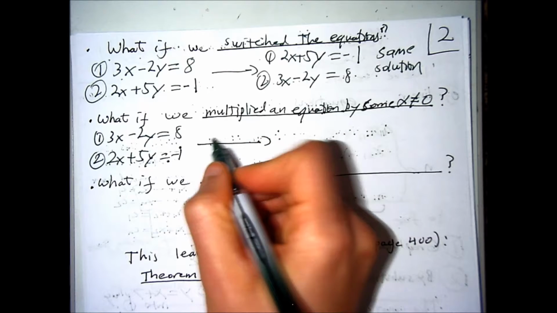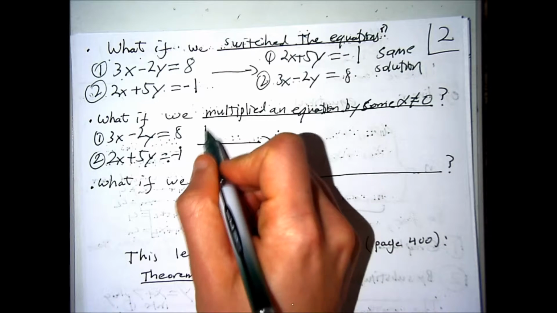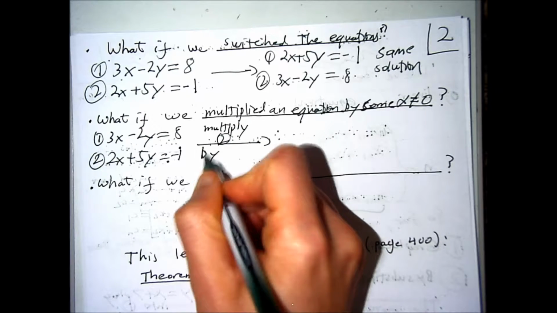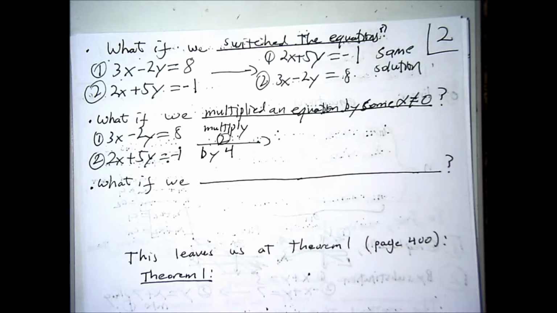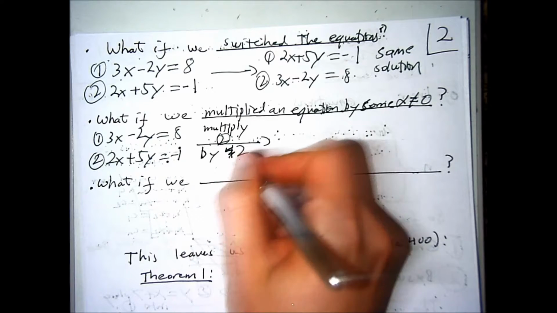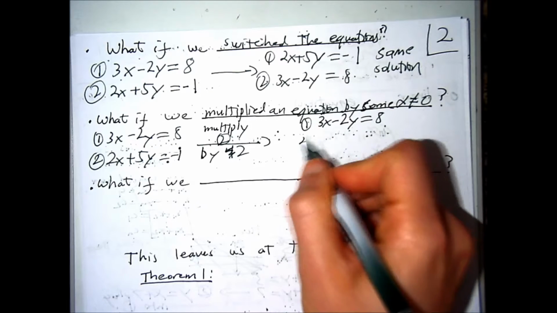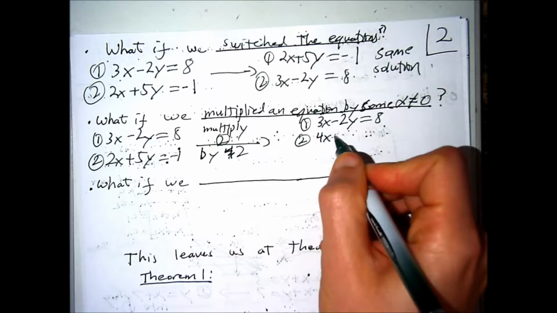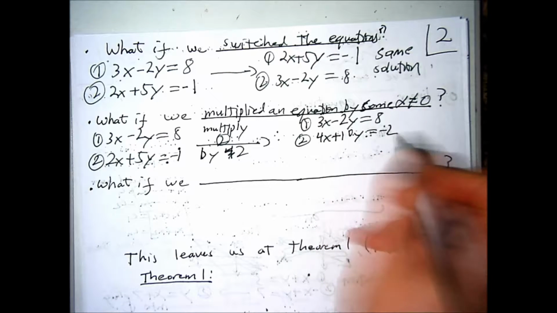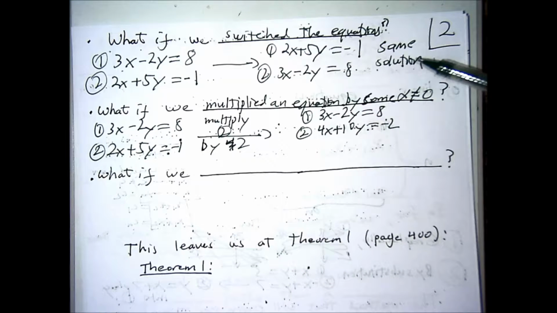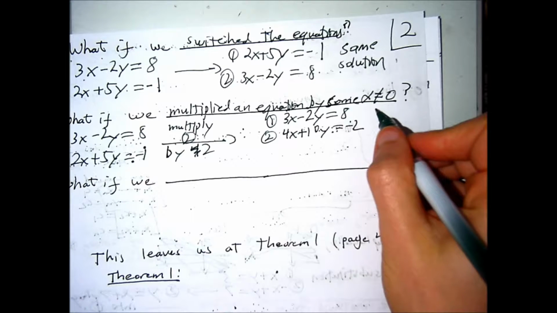And then let's say that I multiplied 2 by, I don't know, 4. Well, what did we do? We actually multiplied 2 by 2. So we get 3x minus 2y equals 8, and then 4x plus 10y equals negative 2. Surprisingly, though, and this is not as clear in my mind as the last one, this doesn't change the solution either. So no change.